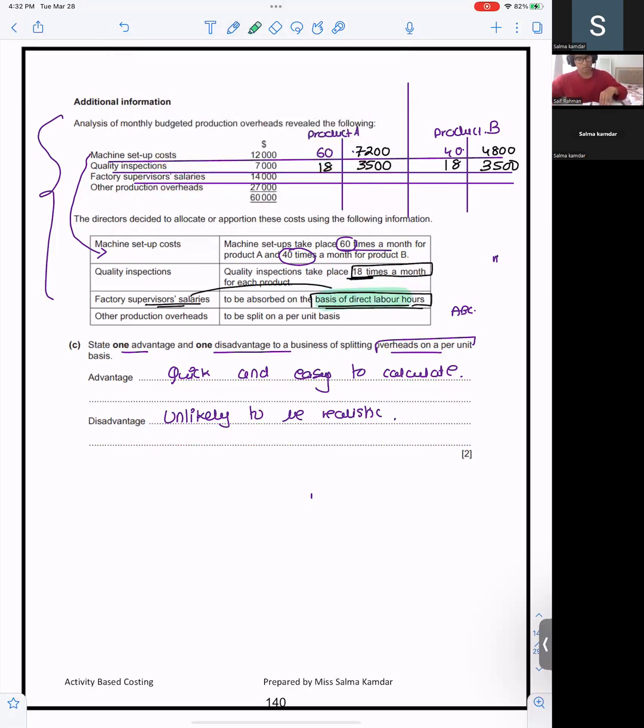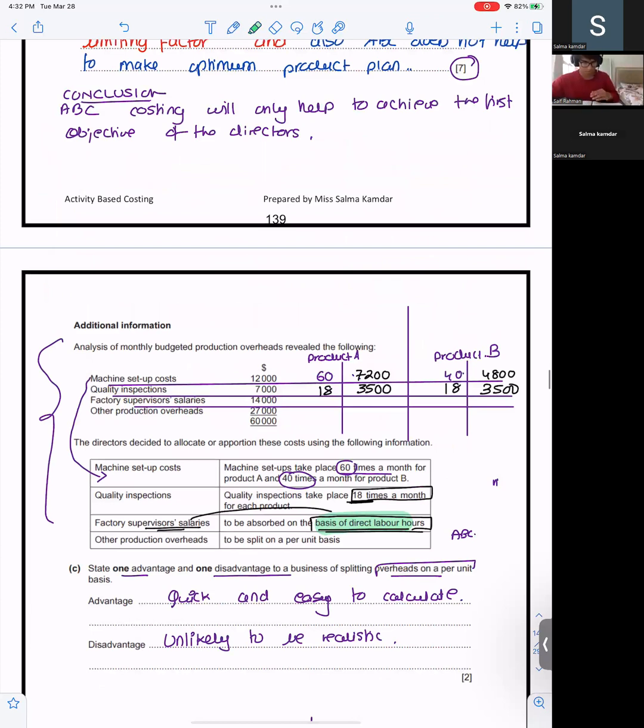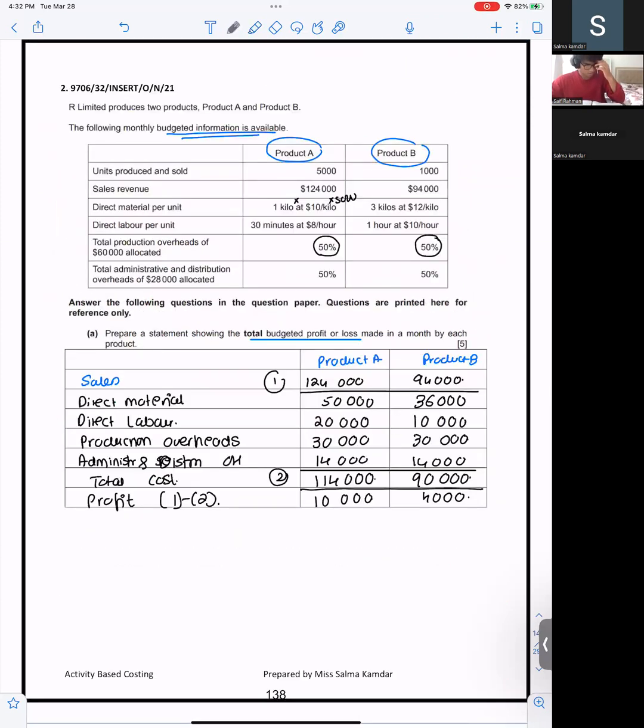What are the direct labor hours? For direct labor it is 20,000 and 10,000. This is labor cost. I want the labor hours, 0.5 and 1.